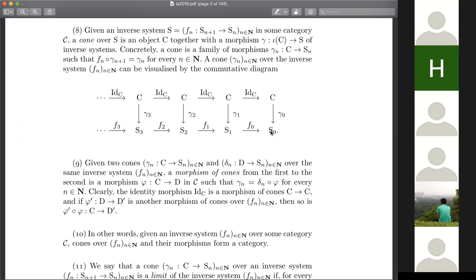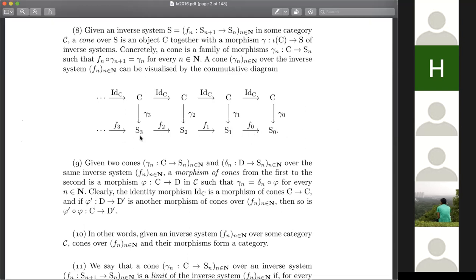Let's not even take the case of Z modulo pZ, p squared Z, etc. Let's take an arbitrary inverse system of rings. So S0 is a ring, S1 is a ring, S2 is a ring, and so on.